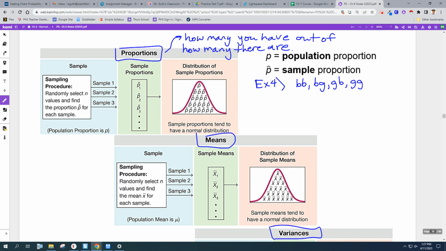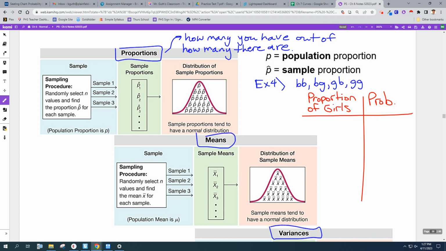And it wants us to come up with a probability distribution for the proportion of girls. If you don't remember what a probability distribution is, it's a table of all of the probabilities. So you're going to have proportion of girls and probability.